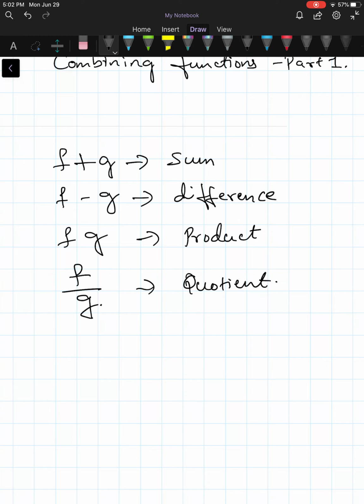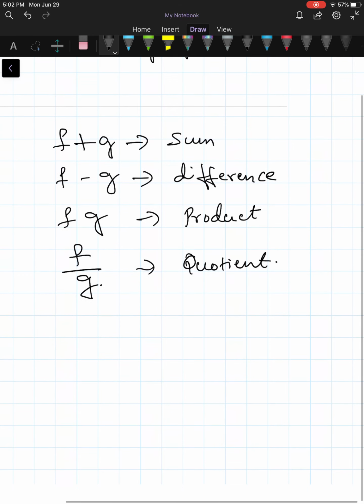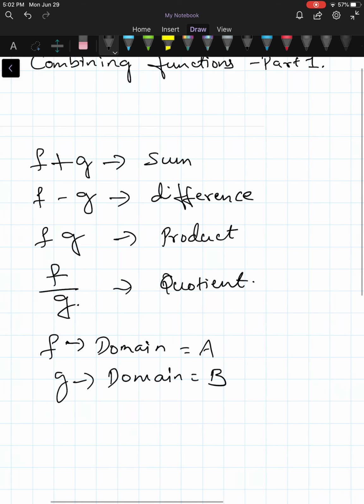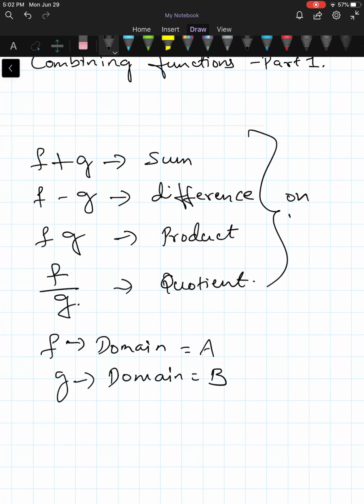So if f has domain A and g has domain B, you perform all these operations on the domain A intersection B.